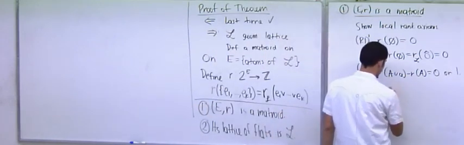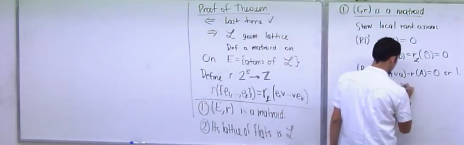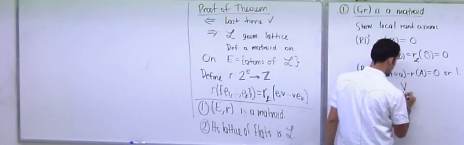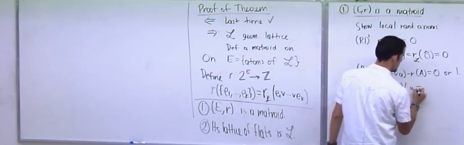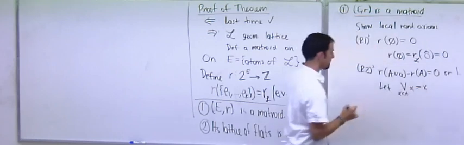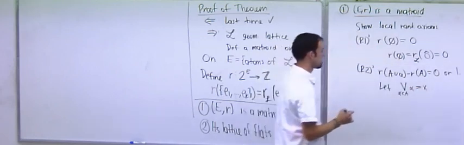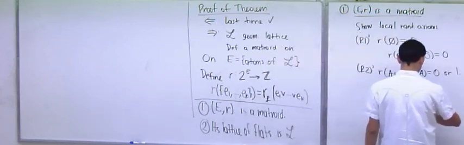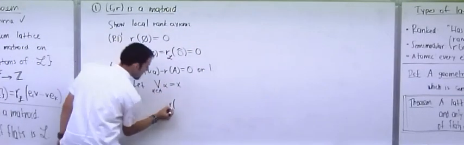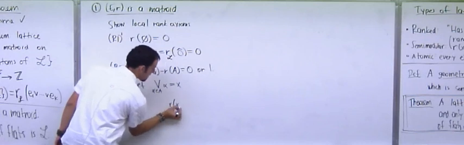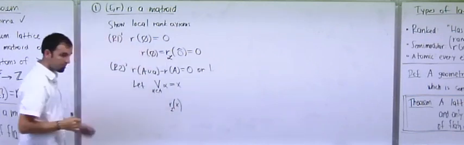Let the join of the elements of A be X. And therefore the rank of A is just, by definition, the rank in the lattice of the join of the elements of A.